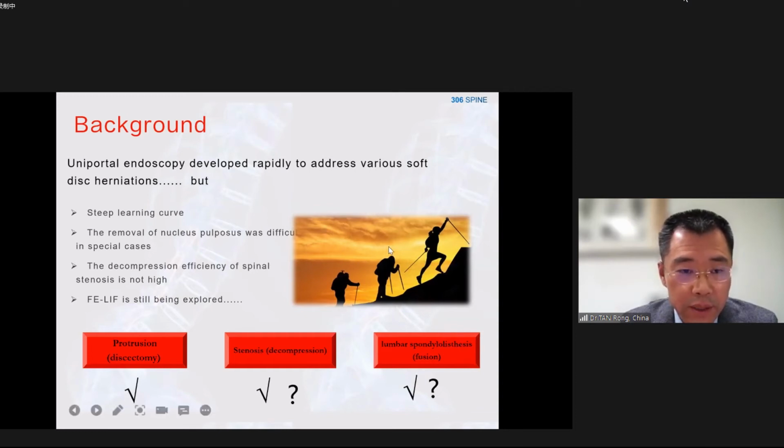And full endoscopic lumbar interbody fusion is still being explored. So I think the uniportal endoscopy can deal well with protrusion of the disc, but to deal with stenosis and lumbar spondylolisthesis, like a fusion, maybe it is not very easy.